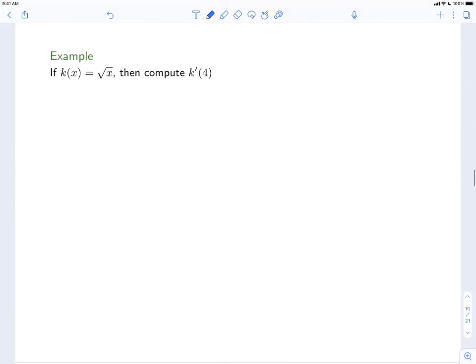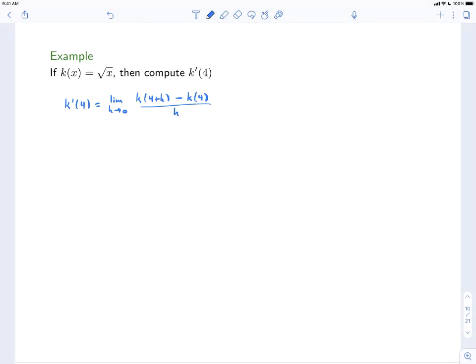Here we have a function k at x equals the square root of x, and we want to compute the derivative at 4. So again, we're going to use our limit definition. So k prime at 4 is equal to the limit as h goes to 0 of k at 4 plus h minus k at 4, and all of this is divided by h.